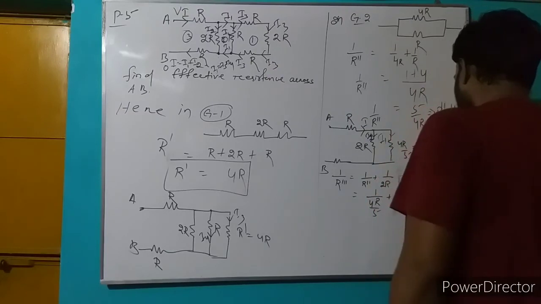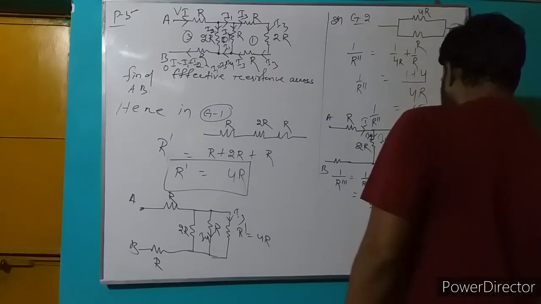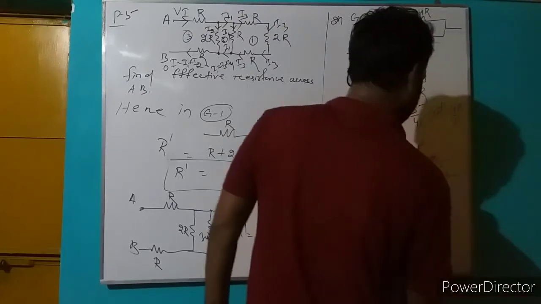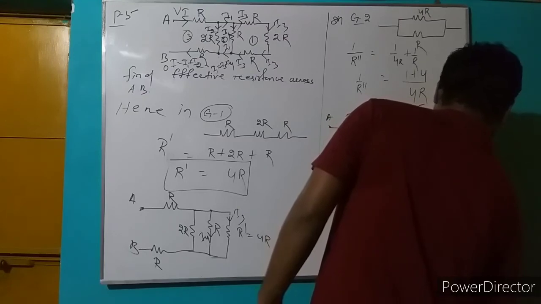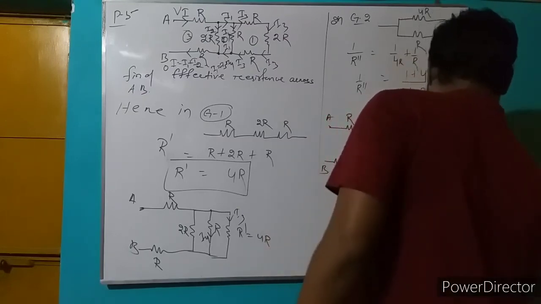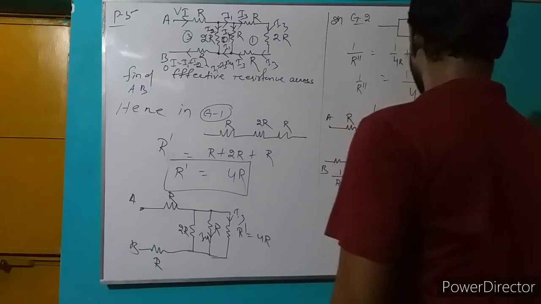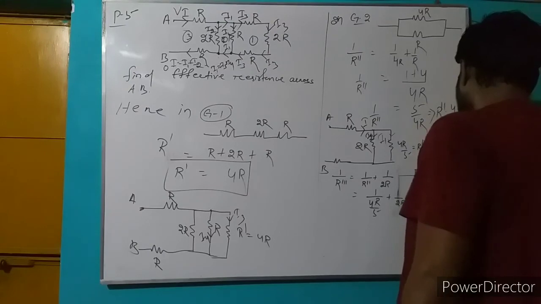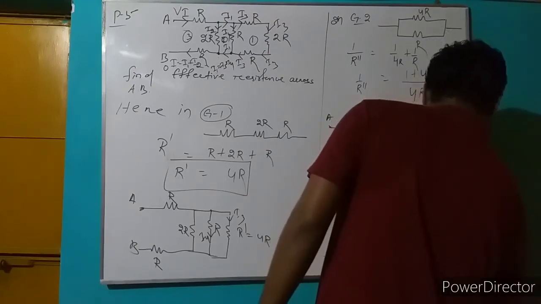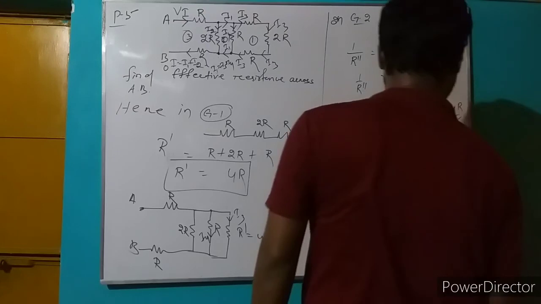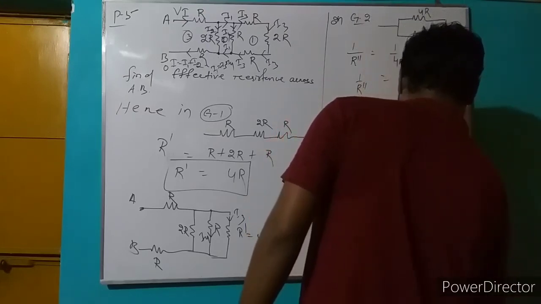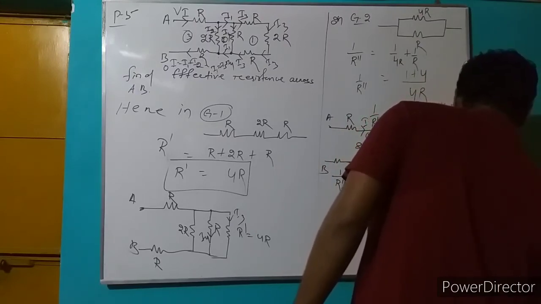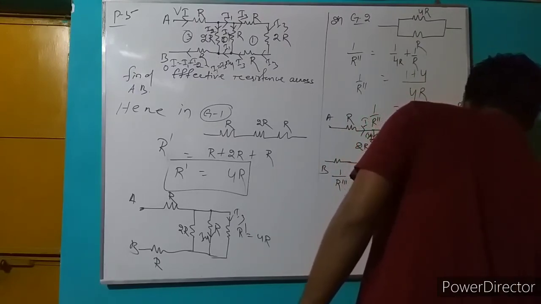So 5 is in the numerator: 5 by 4R plus 1 by 2R. Taking the LCM, which is 4R, 4R cancels out, leaving 5. 4R divided by 2R is 2. So that is 7 by 4R, which means 1 by R triple prime equals 7 by 4R. That implies R triple prime equals 4R by 7.